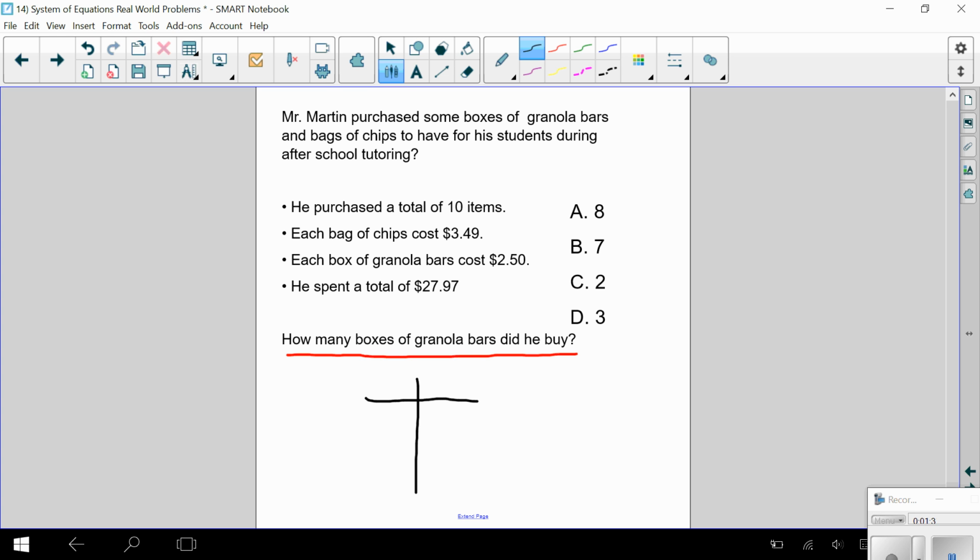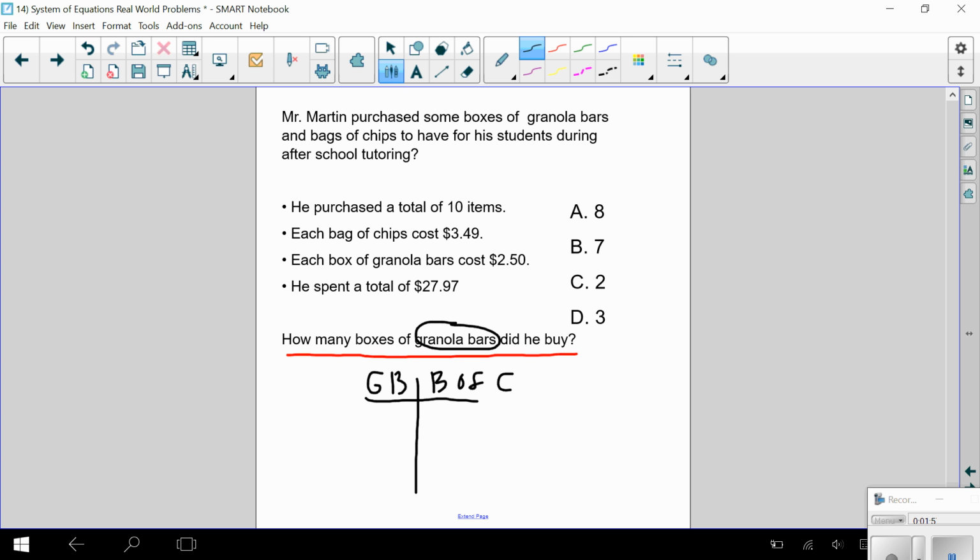We have two unknowns, the number of boxes of granola bars he bought and the number of bags of chips. Whatever they're asking, in this case, the granola bars, goes in the first spot. And the other unknown, which is the bags of chips, goes in what we would call the Y spot.